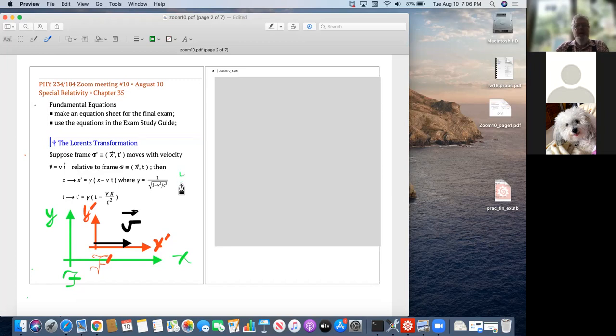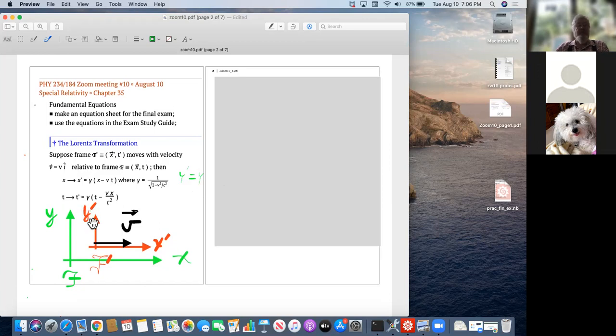So y prime is the same as y, and z prime is the same as z. As far as the space coordinates are concerned, it's the coordinate parallel to the relative velocity which transforms in this way. Now the time also changes.